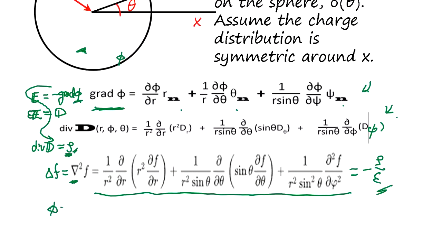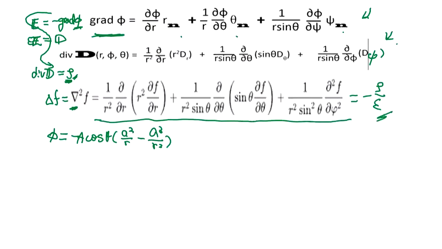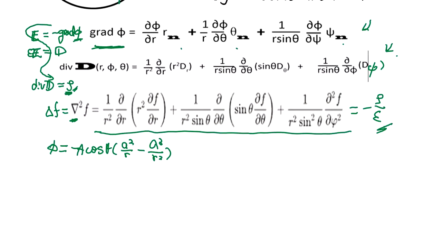So let's rewrite. Potential is a square over r minus a to the third over r square, right? Okay, so we replace f with phi here. So take the derivatives and multiply r square.